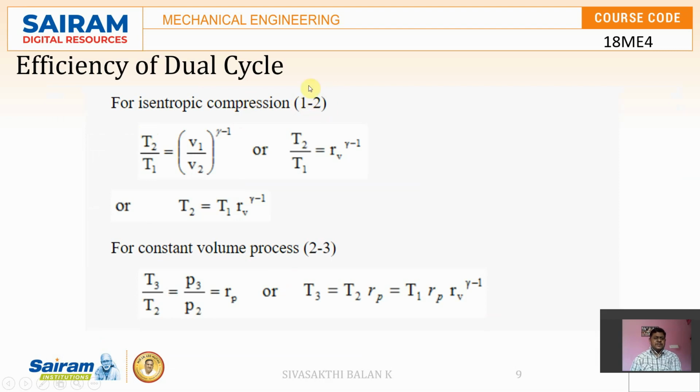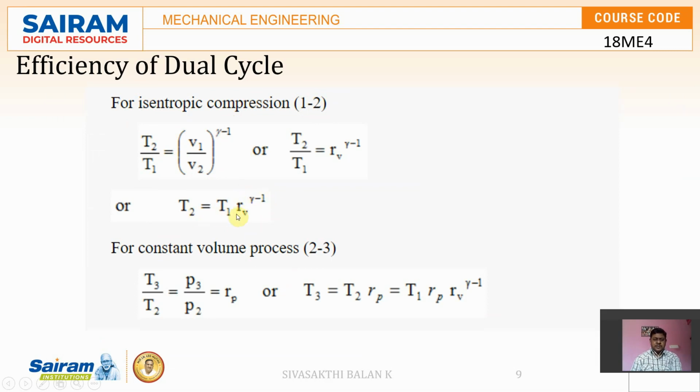And we will see one by one what all the processes which are undergone in the dual cycle. First we start with the process 1 to 2, it is an isentropic compression. For isentropic process we are going to consider the relation T V power gamma minus 1 is equal to constant. From that we can find the relationship of T2 and T1 in terms of volume compression ratio V1 by V2.